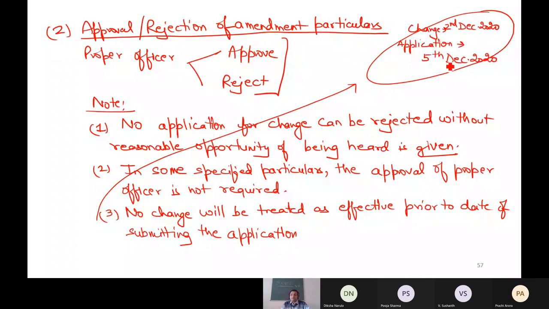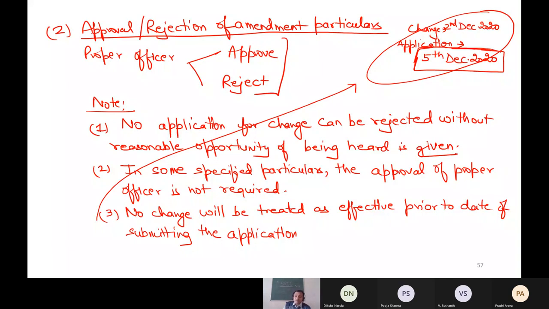So as per this provision, this change will be treated as effective from 5th December. Am I right or not? As per this point, though the change has happened on 2nd December, since I informed the department on 5th December, which is within 15 days of the change, the change is effective from 5th December. If I want the change to be effected before 5th December, an order of the commissioner is required.